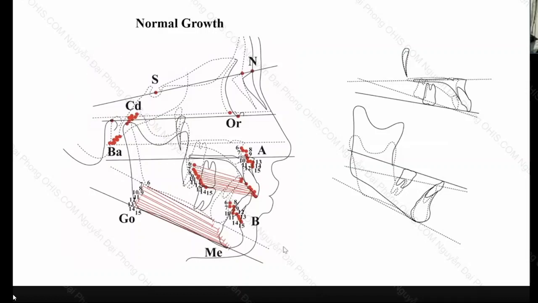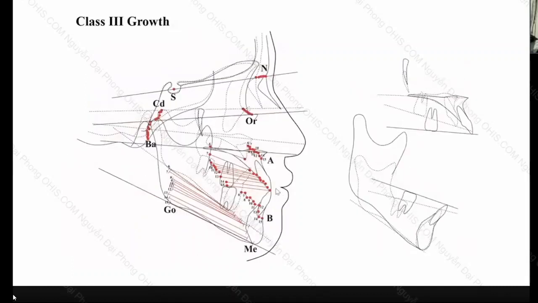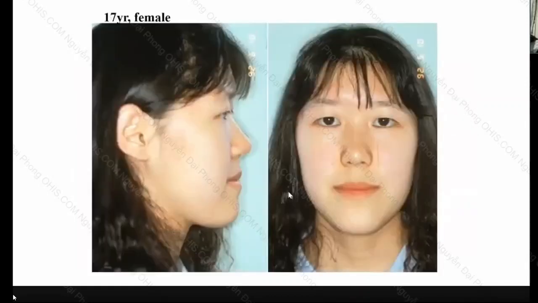But in the class 3 case, you can see so much molar eruption, the very flat occlusal plane. Then the mandible rotates very much forward, therefore the mandible comes too much forward, adapting. This is class 3. Now, let me show you one case. She is 17 years old.